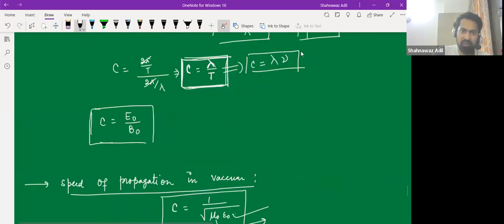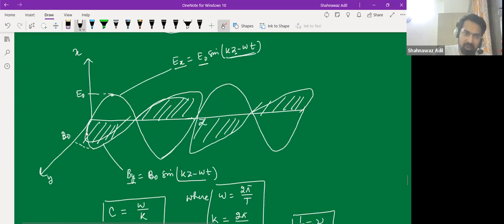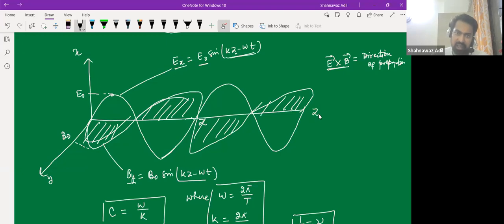So we have this electromagnetic wave, and the fields are perpendicular to each other. The direction of propagation would be the cross product of electric and magnetic fields. So this will give you the direction of propagation. Because you saw that this is the Z direction, and this is the I direction, and this is the J direction.